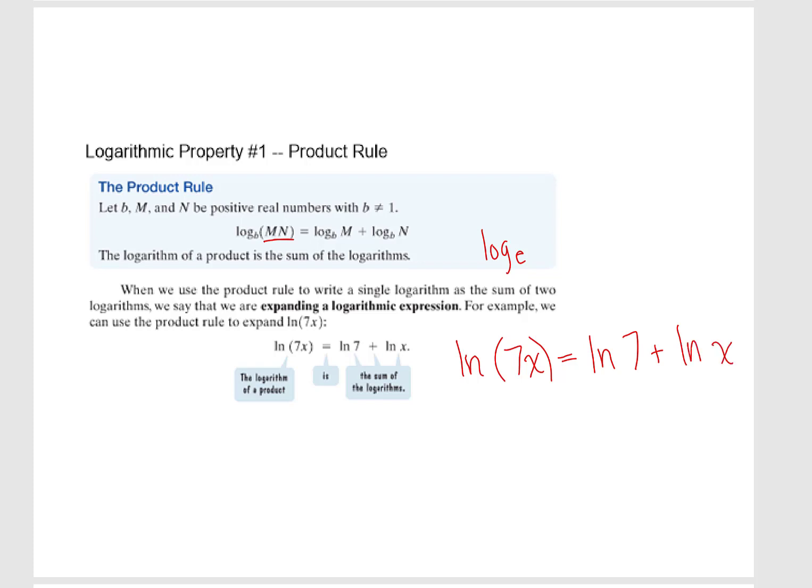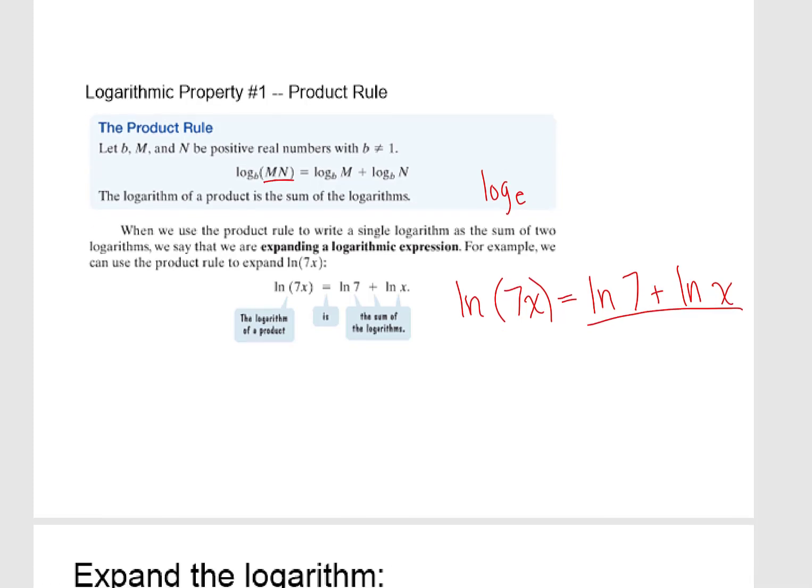And this would be considered expanding the logarithmic expression. They could have given us this and then told us to condense it. So we'll be using these rules later to expand and condense these logarithmic expressions. So that's the first rule, the product rule.